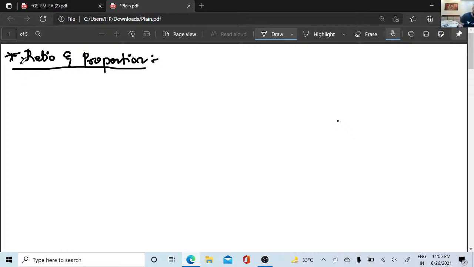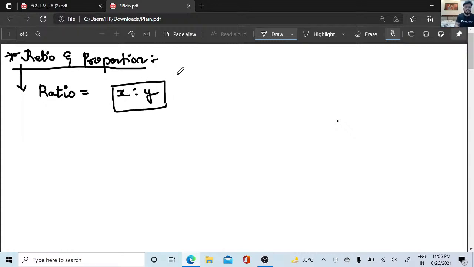So what is a ratio first of all? Ratio is nothing but the divisional part between two quantities. If I write something as x is to y, this is what I call a ratio. If I take a quantity of milk, it is divided into two parts, x is to y.